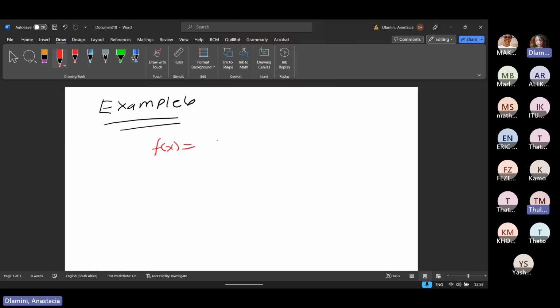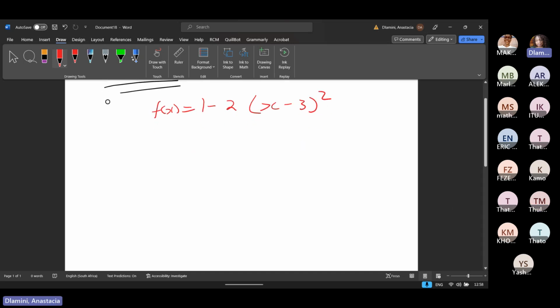So f of x is equal to -2(x minus 3) squared plus 1. Like I always say, start with the mother function. Let's call it g of x, which is equal to x squared. So I draw the mother function here.